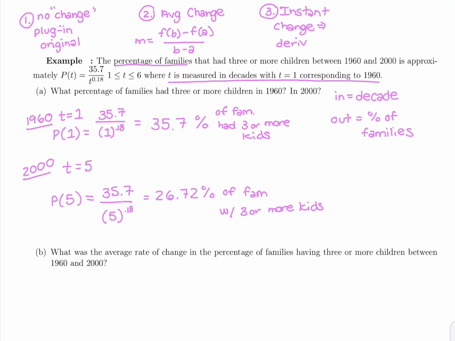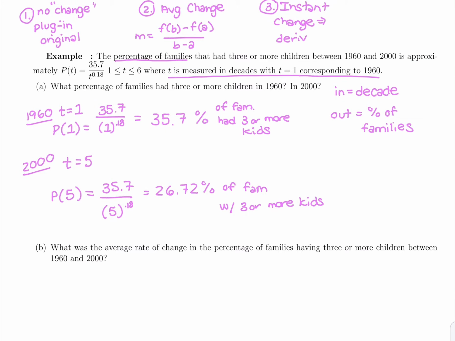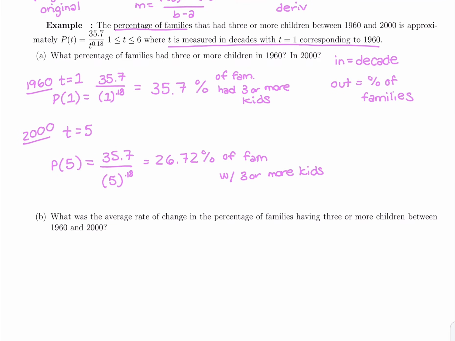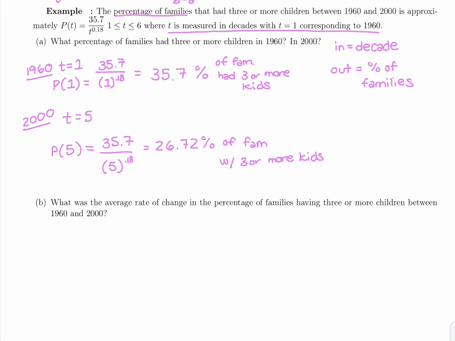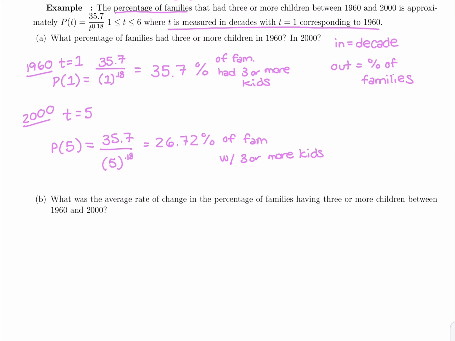There's more women going out and getting careers and maybe not staying home to raise these kids. I'm one of 5, but not everybody wants to have this huge family. So it makes sense to me, these percentages, and that it's going down between 1960 and 2000, because life is getting more expensive.